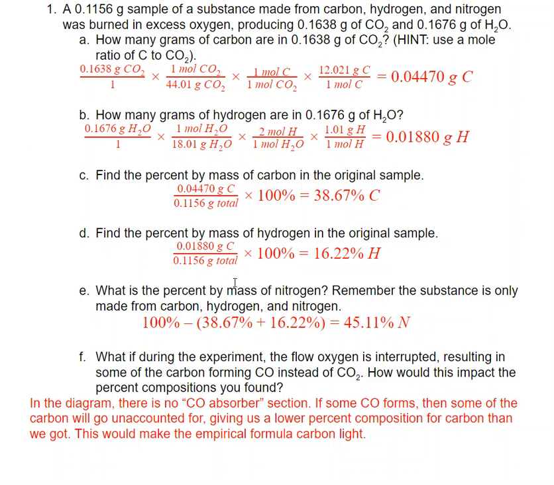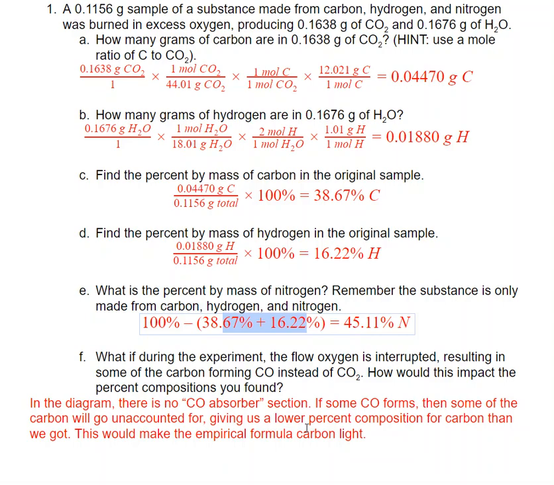Then, if I want to find the percent by mass of carbon, I just have to take that mass of carbon that we found and divide it by the total mass of the sample. So that's how we got this percentage here. I did the same thing to get hydrogen. And here I just subtracted the percentage of carbon and hydrogen from 100 because we know that the rest of it then has to be nitrogen.